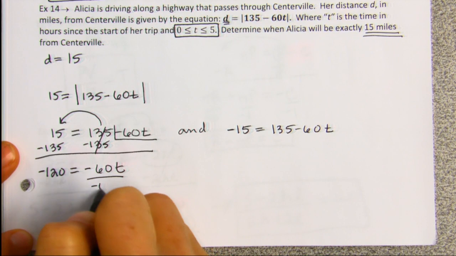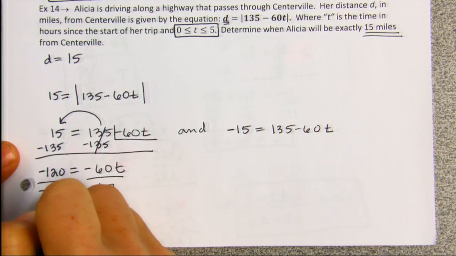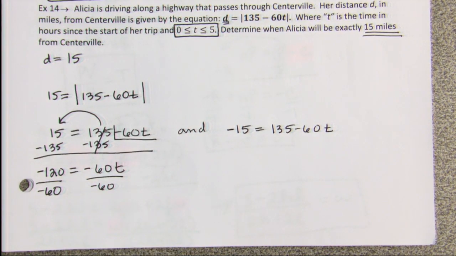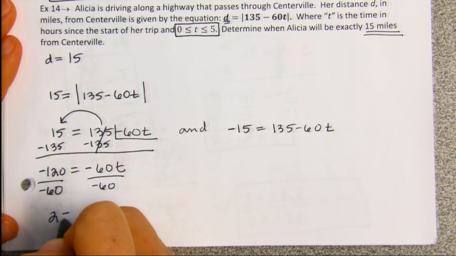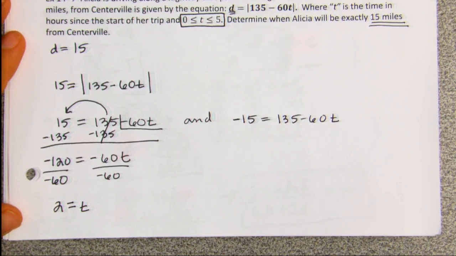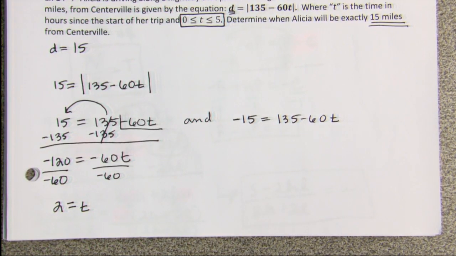To finish solving for time, we're going to divide by negative 60. So negative divided by negative makes a positive. 2 equals t. So 2 hours from Centerville.